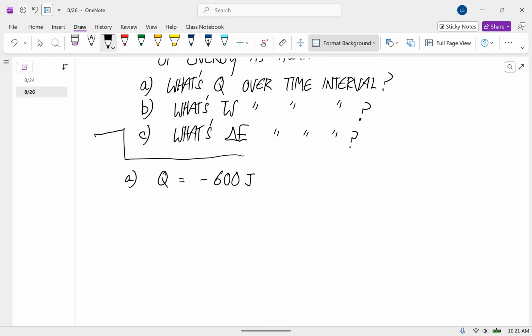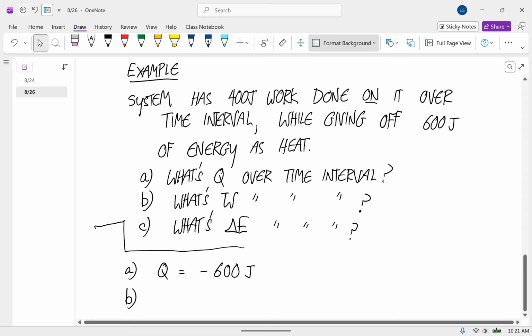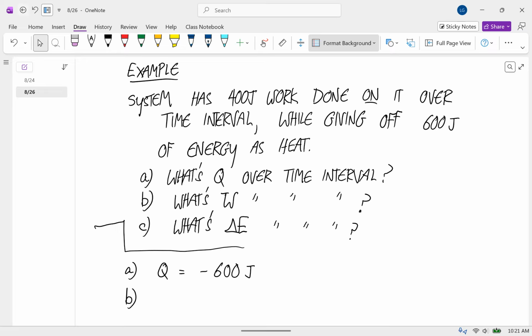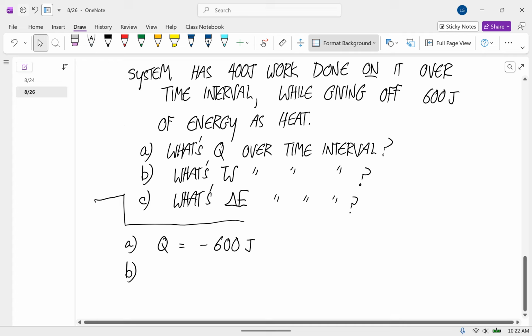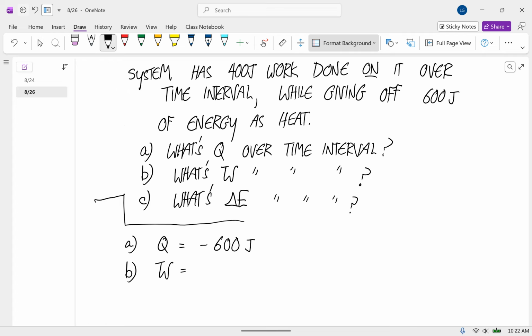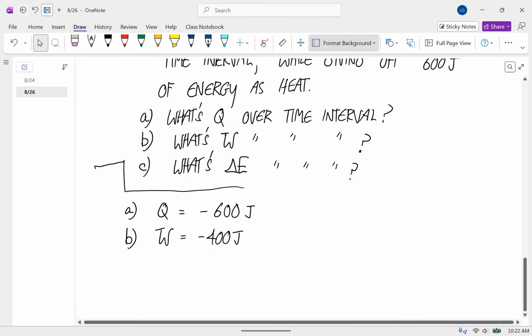B, what's W? Well, W, remember, is positive if energy is being removed from the system or added to the surroundings through work. This is adding 400 joules of energy to the system. So is this positive or negative? Negative, yep. And so W is equal to negative 400 joules.